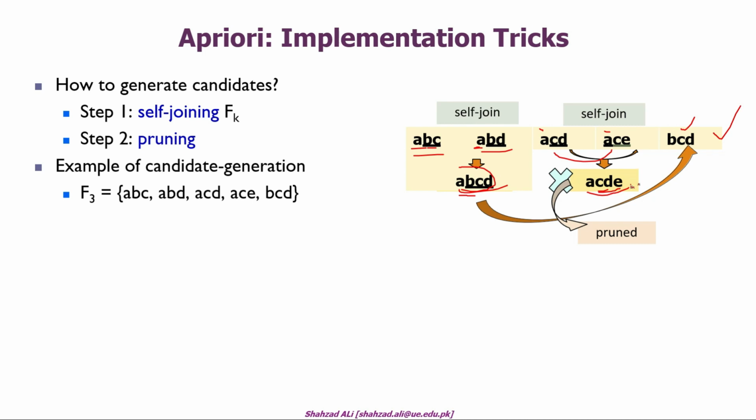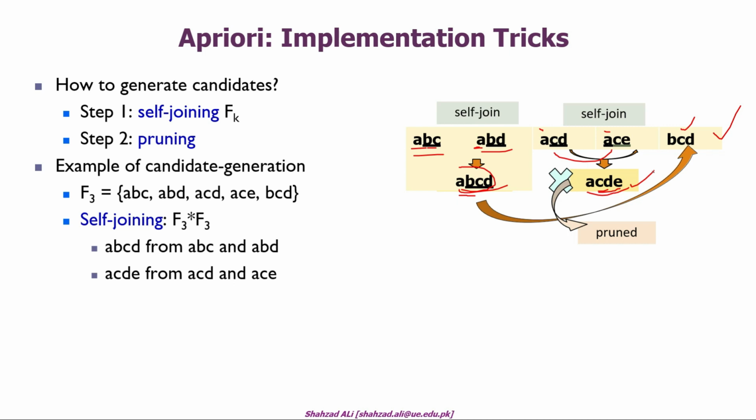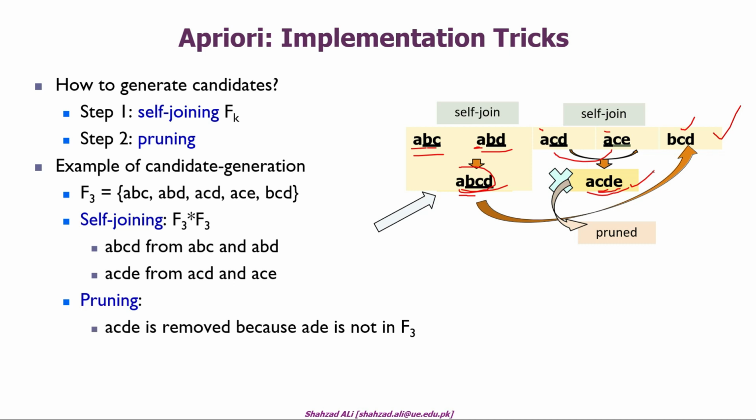So that's why we prune this ACDE, as you can see in this example, which is discussed in the same way as we have discussed. At the end we get only ABCD as the candidate for frequent item sets. So we get only one candidate, which is ACDE.